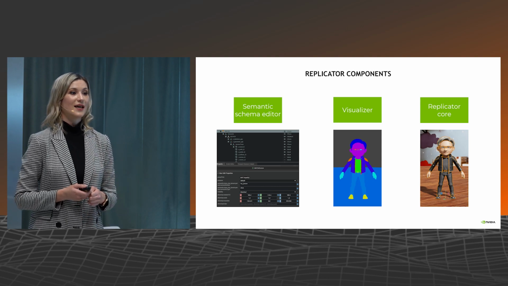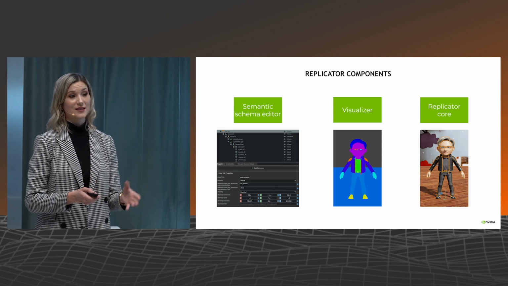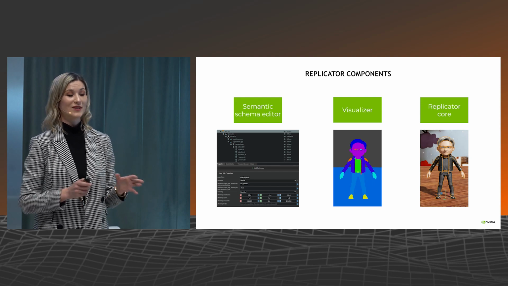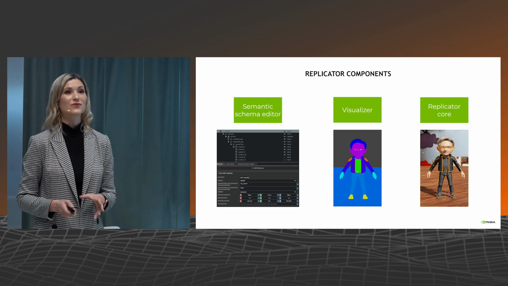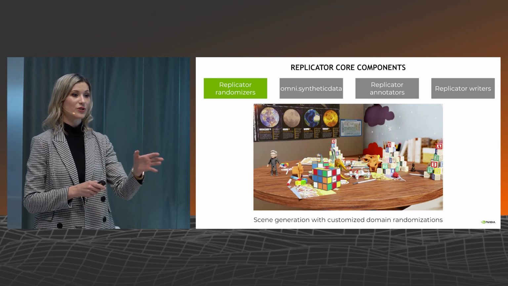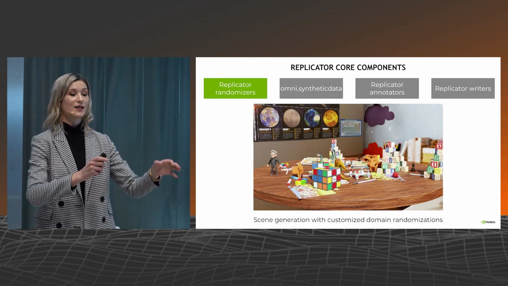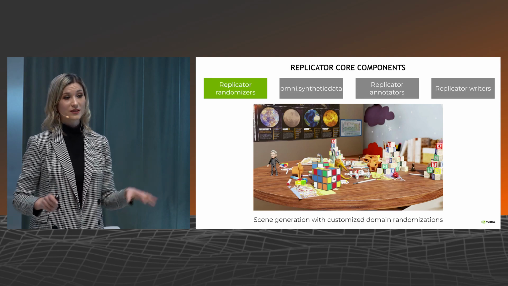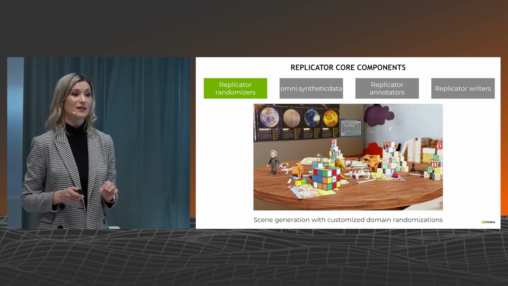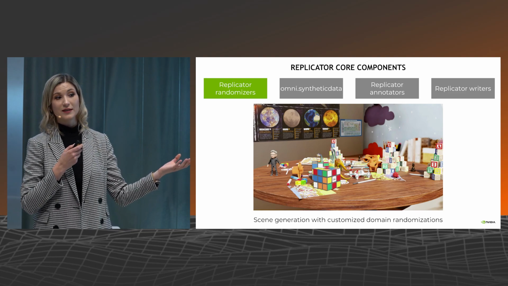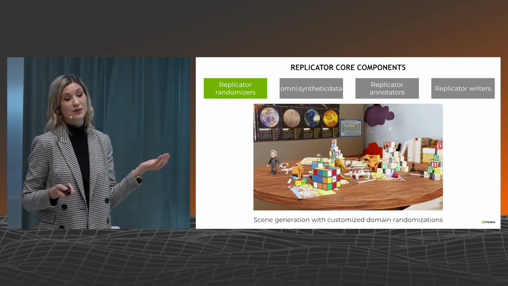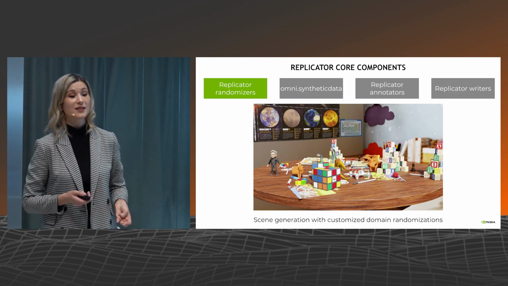First of all, it has randomizers, and this is the part of Replicator which is responsible for domain randomization. As I'm showing you in this short video, we have all different kinds of objects aligned on the tabletop, and you can vary the number of objects. For each object, you can parameterize that.